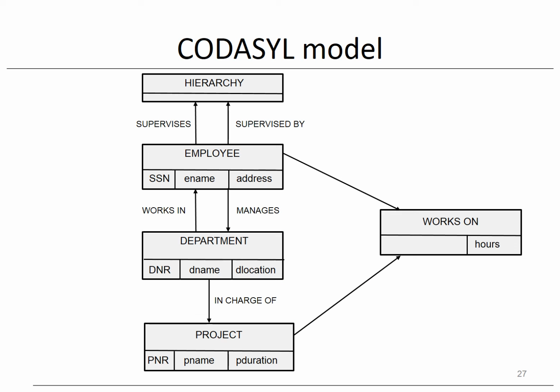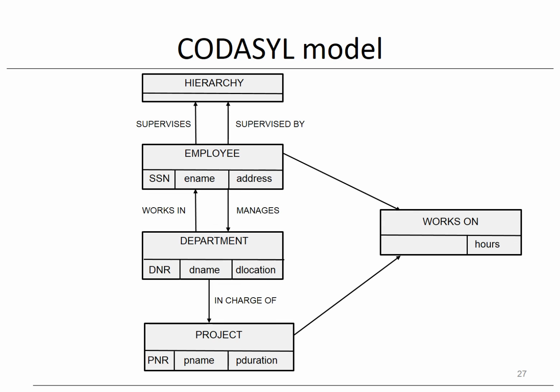Here you can see the CODASYL implementation of our HR administration example. The works on dummy record type models the end-to-end relationship type between employee and project. The hierarchy dummy record type implements a recursive relationship type modeling the supervision relationships between employees.